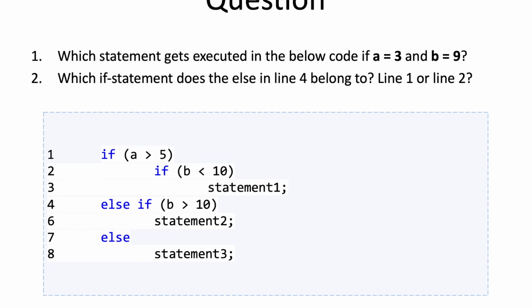Okay, let's take a look at this code. If you don't use open and close curly brackets, which else belongs to which if, and which one will get executed first? It seems like this else may belong to this if because of the same indentation. But the indentation doesn't matter.